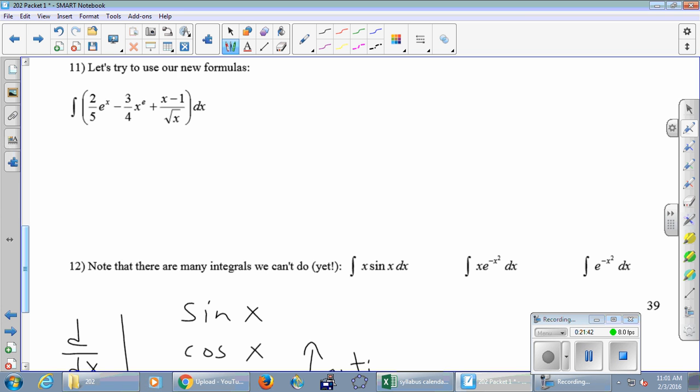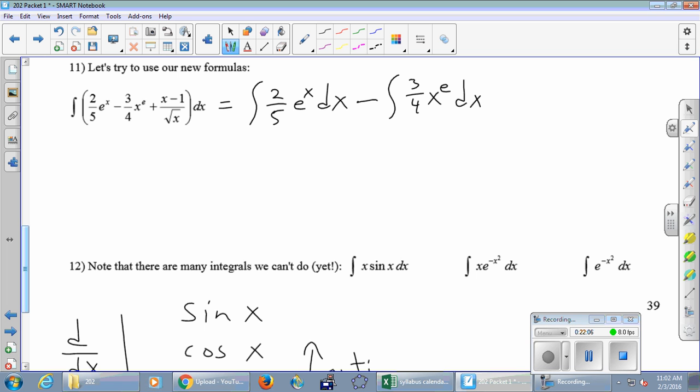Okay, the first property that we're going to use is the addition and subtraction one, this bottom left one. So we are going to write 3 separate integrals. Integral of 2/5 e to the x dx. What's the next symbol before the next integral? Minus, and then the integral of 3/4 x to the e.